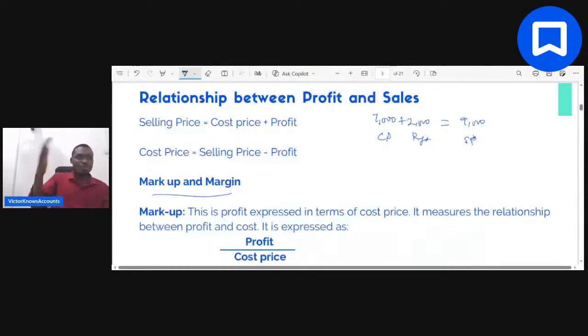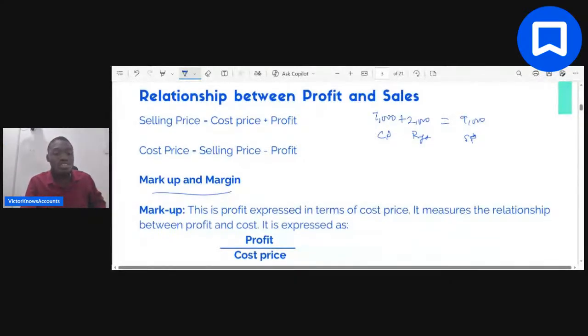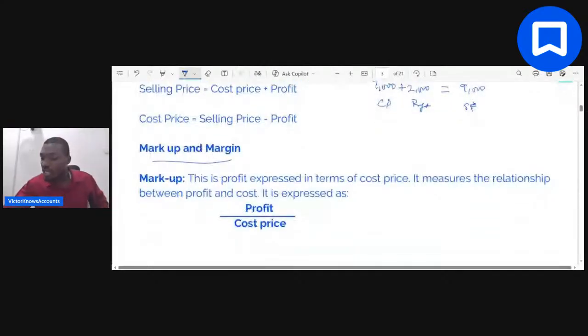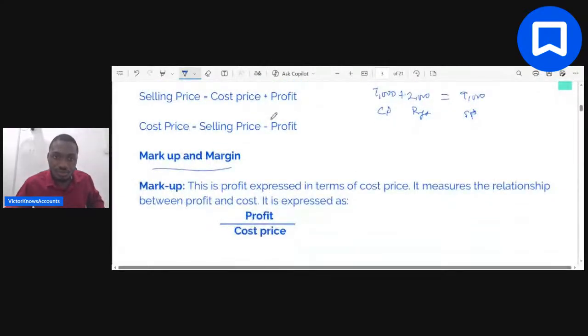The profit looks the same in terms of absolute number, but it's not the same in terms of ratio. So that's why markup and margin were stated, to see the relationship between profit, cost, and selling price or sales.